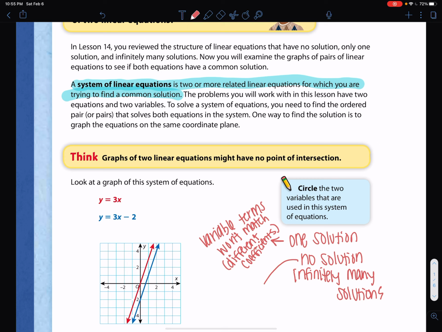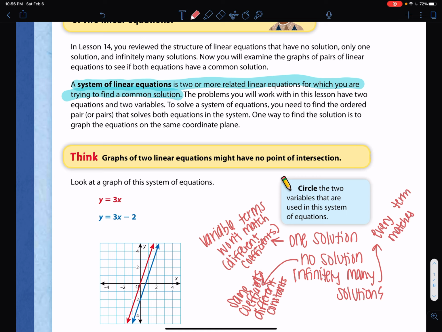With no solution, they had the same coefficients, same variable terms, but different constants. And then with infinitely many solutions, every single term matched. Hopefully that's bringing up some memories for you.